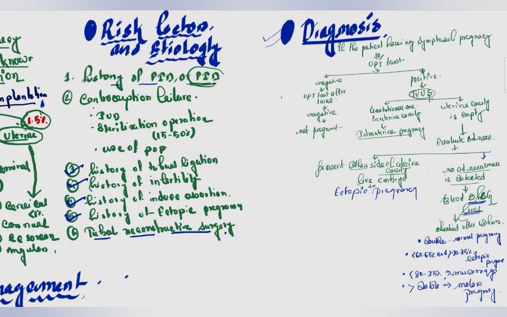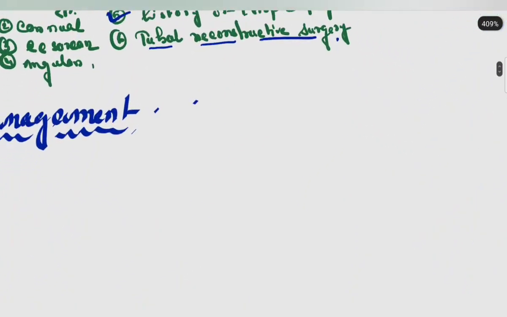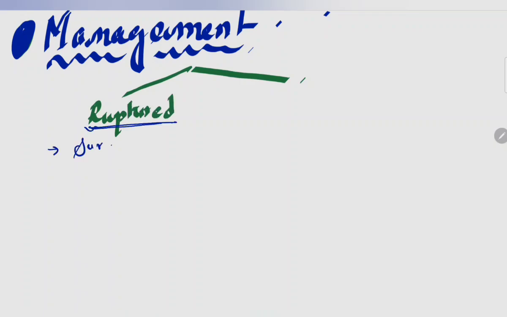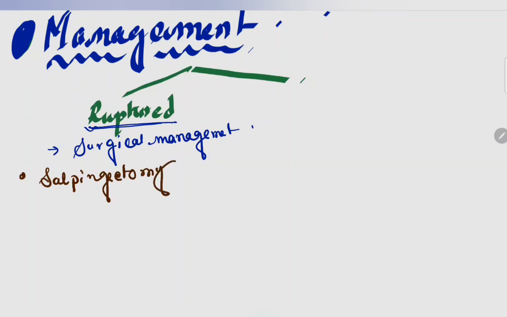Next, I discuss the last part of ectopic pregnancy, that is management. Management can be performed according to the conditions of ectopic pregnancy. In case of rupture, immediately perform surgical management. In surgical management, salpingectomy and salpingostomy can be performed.